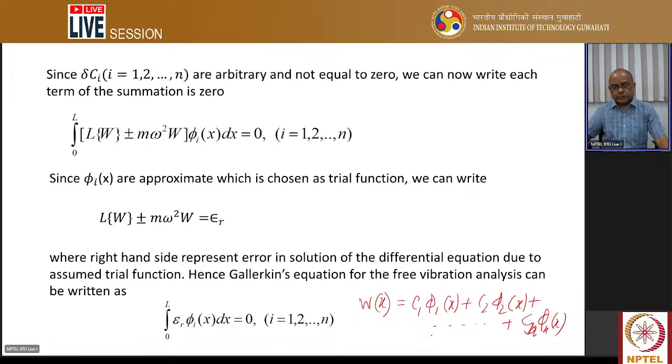Each term again satisfies the boundary condition partially or completely. If it satisfies completely, then you will get the exact estimate.